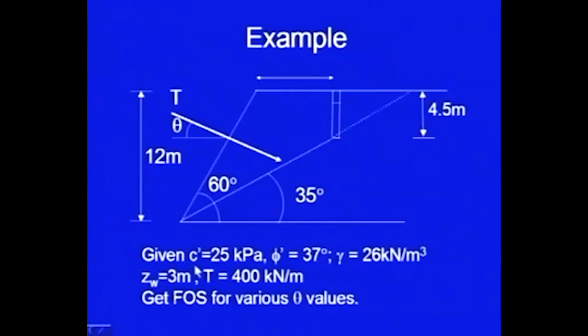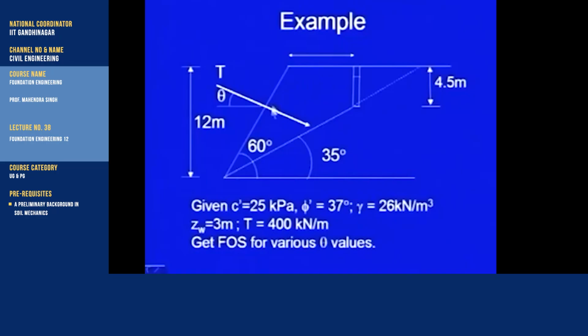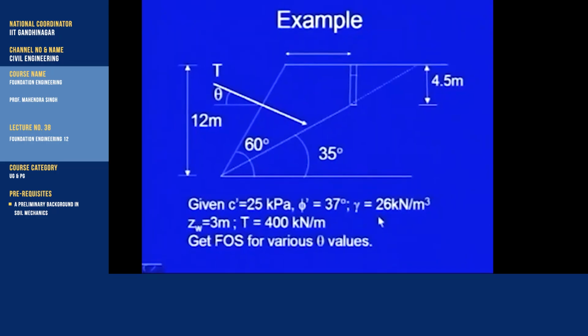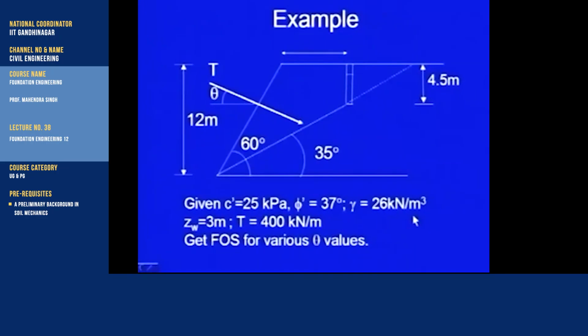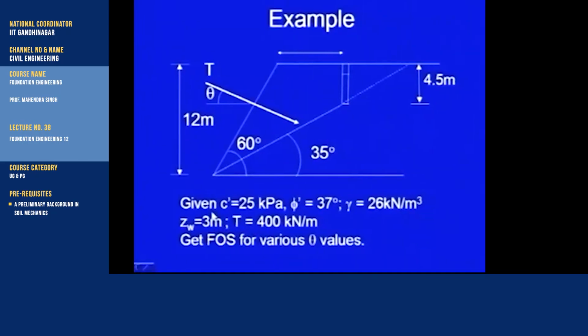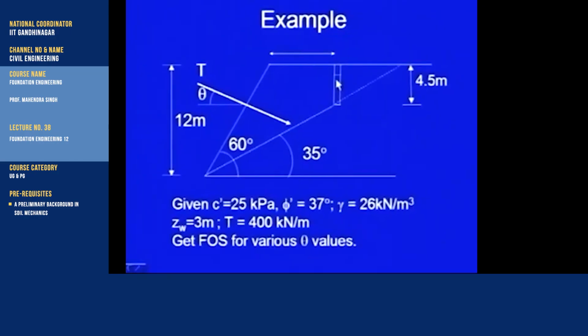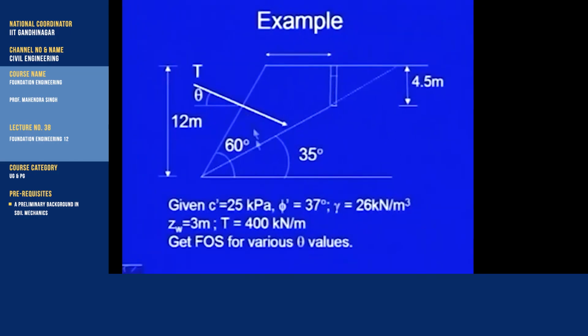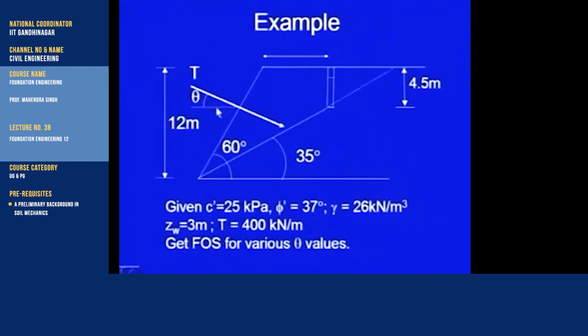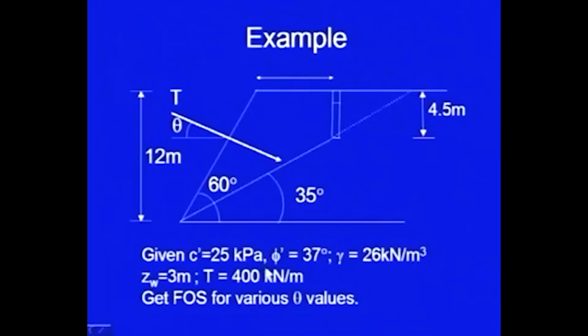The shear strength parameters c dash and phi dash along this plane are 25 kPa and 37 degrees. Unit weight of this mass is given as 26 kilonewton per meter cube, and it is given that the depth of water in the tension crack is 3 meter, and T, the available tension in the anchor, is 400 kilonewton per meter length.